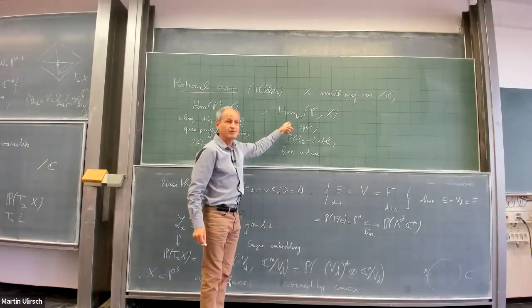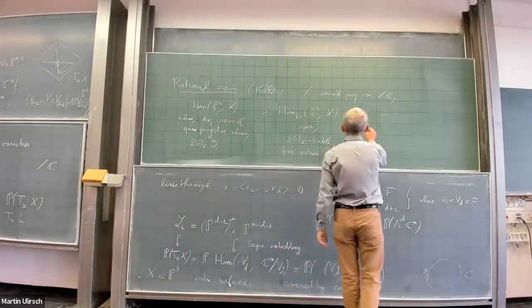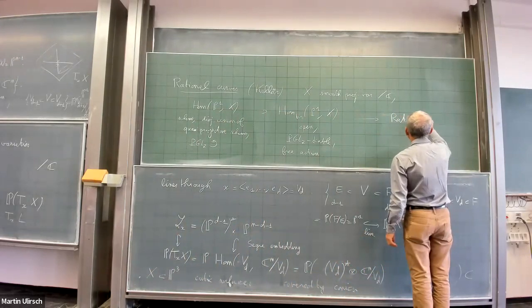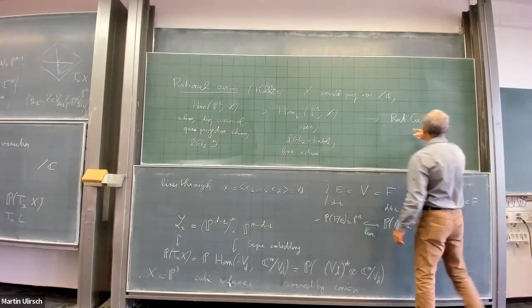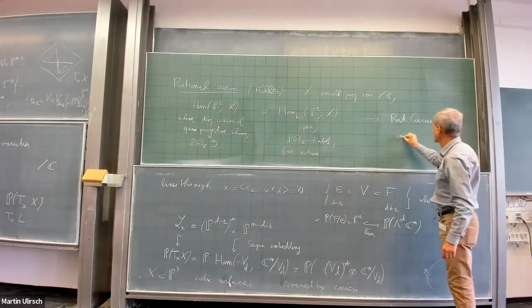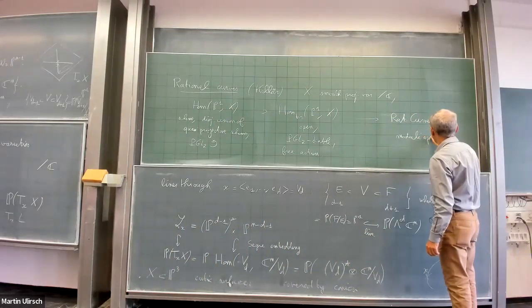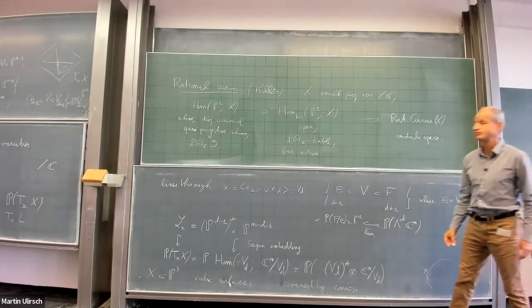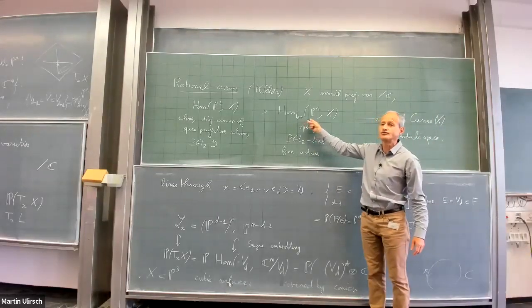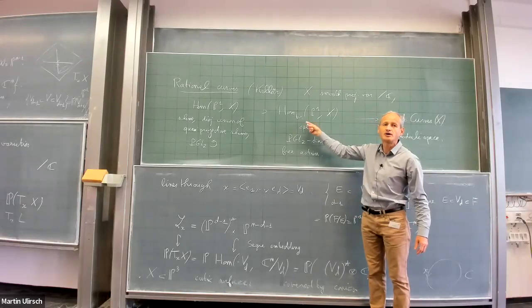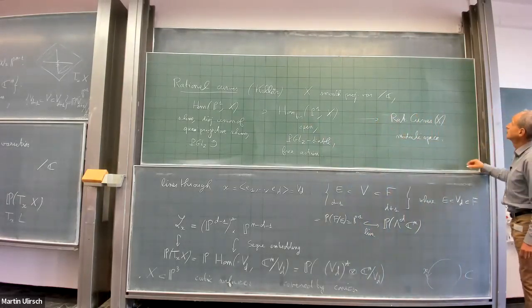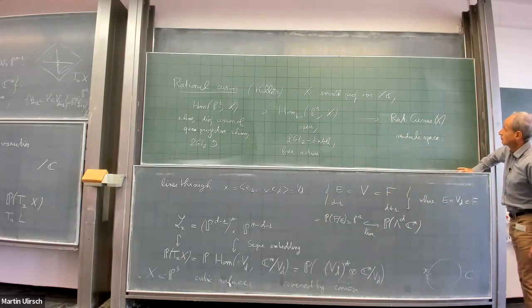One takes the quotient by this free action, and one gets some space of rational curves. This is a moduli space I'm interested in. I'm cheating because there is an additional step that I will skip. One has to take a normalization. This is perhaps too singular, so one normalizes. But I'll skip this.